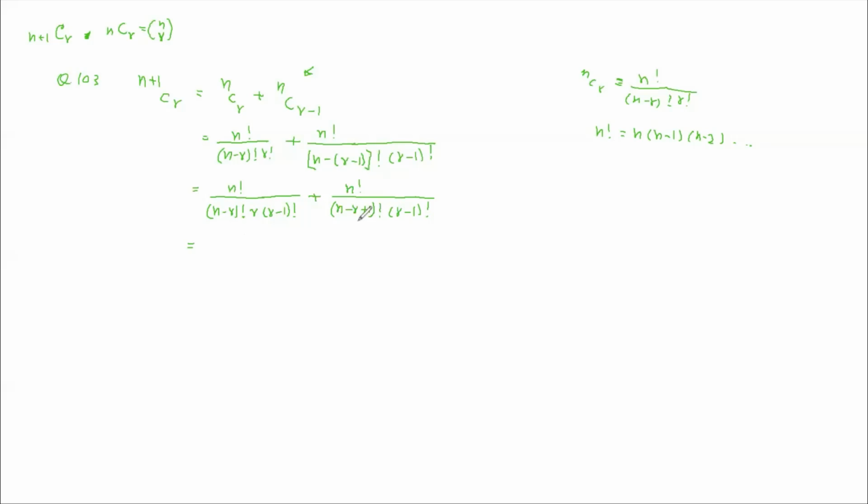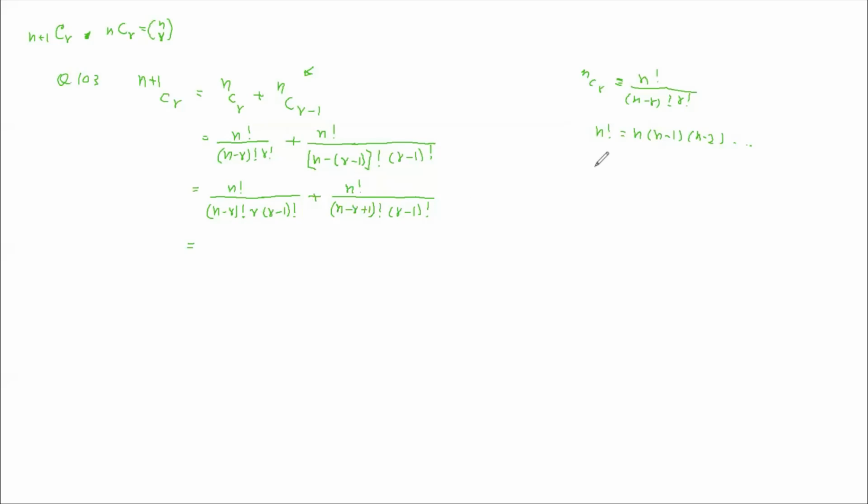How to get the LCM? You see, (n minus r) factorial is single, right? And this one is always single. So for the LCM, this one has a common value. Remember we find the LCM from the bottom, the denominator down here.